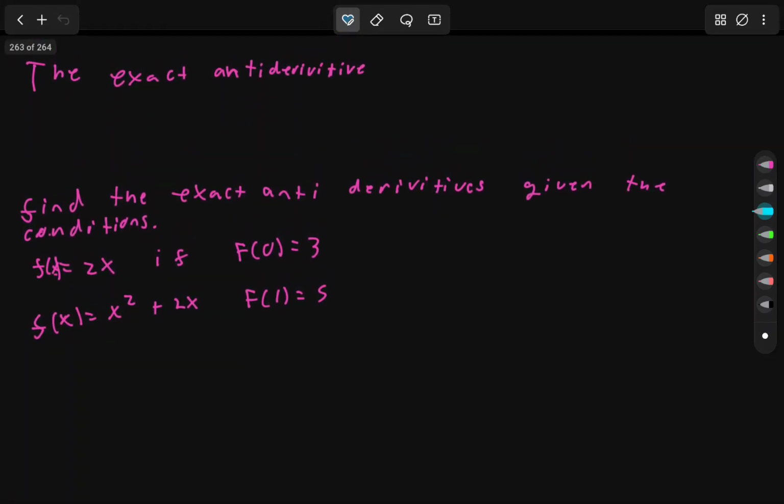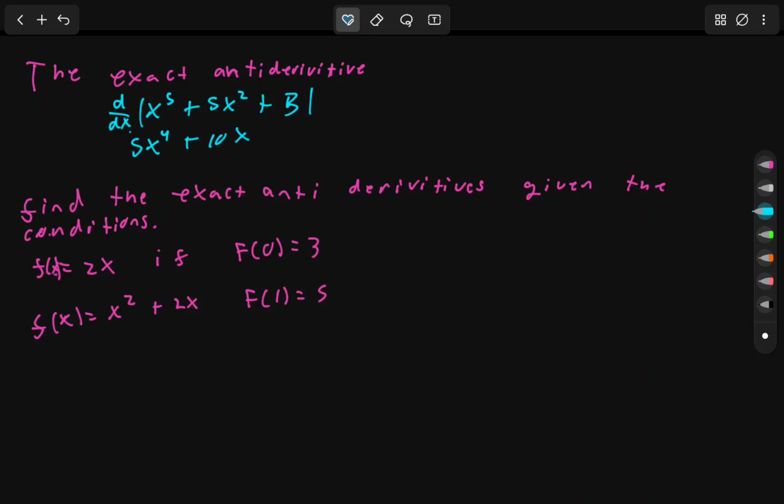Alright, now we are going to start talking about the exact antiderivative. So sometimes, whenever we're taking the derivative, say we're taking the derivative of x to the 5th plus 5x squared plus 3, when we take the derivative of this function, we're going to lose a constant. So we're going to get 5x to the 4th plus 10x.